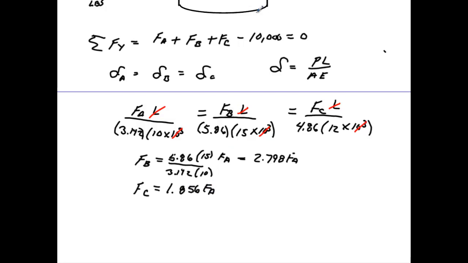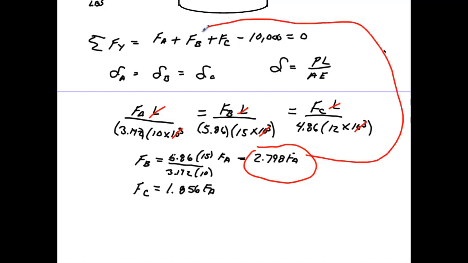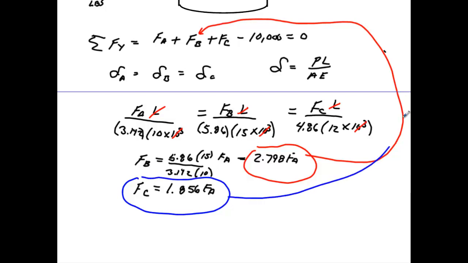Now this problem becomes pretty easy, because all you're going to do is take this and substitute it back in for FB up here. And in a different color, you're going to take FC and substitute it back in for this value right here.